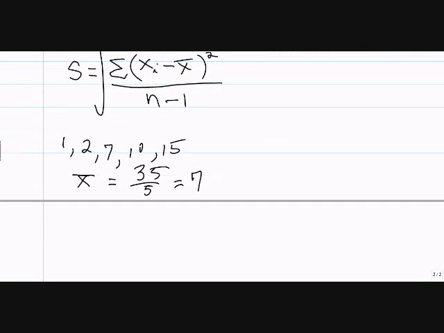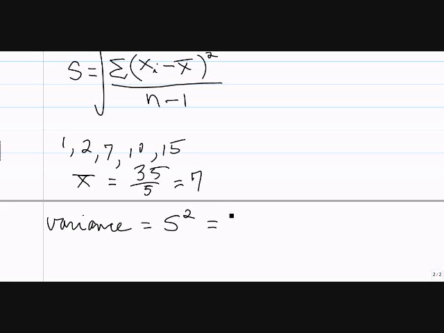My next interim calculation is going to be my variance. And the variance is the standard deviation calculation without the square root. So the variance, I'll call it S squared in this case, is going to be the sum of the square of the difference of every value and the mean, 7.